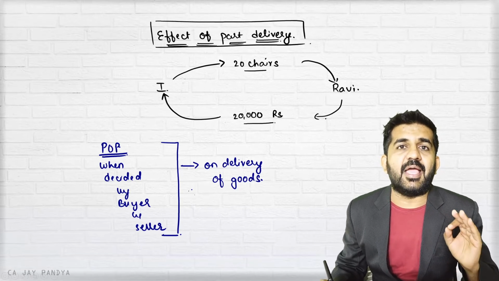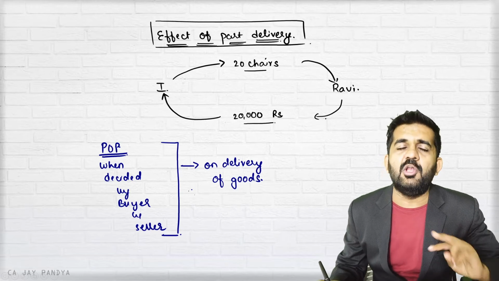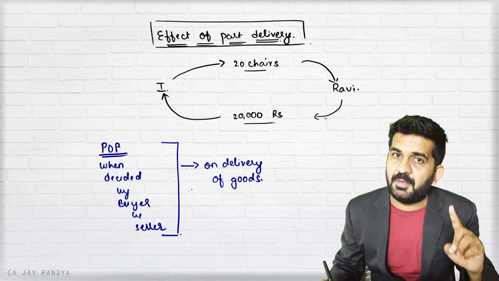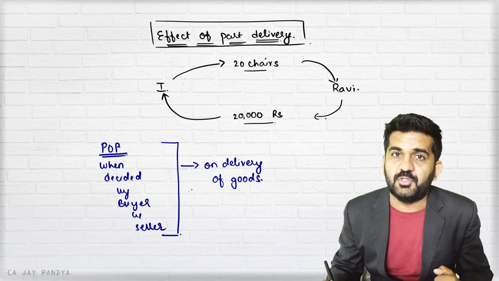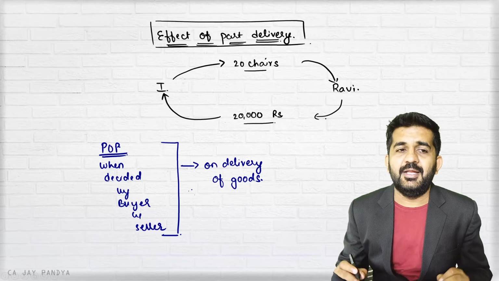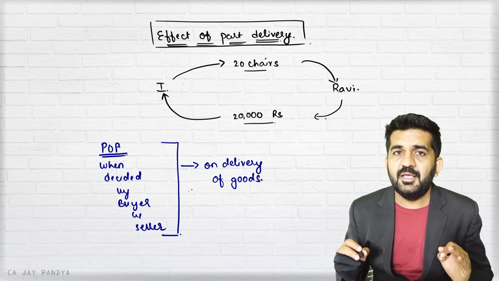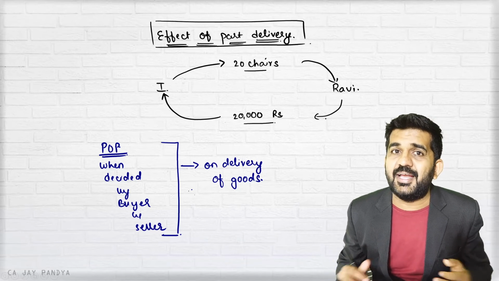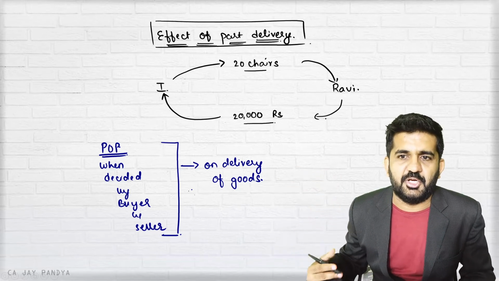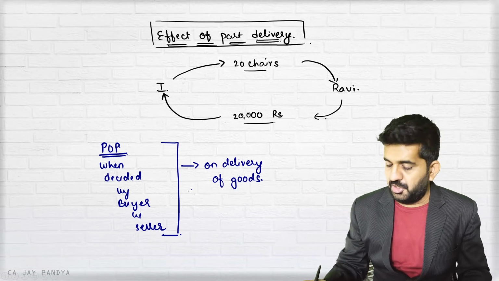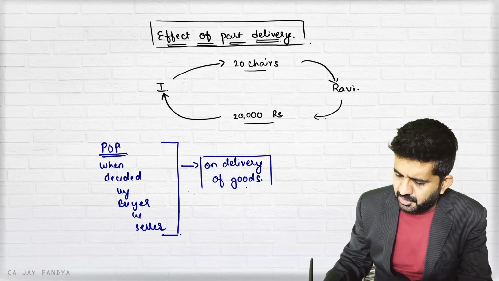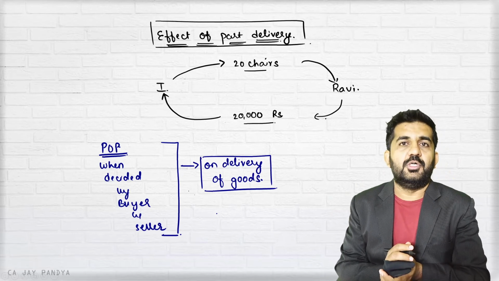The answer is absolutely yes. We both can always decide when the ownership will be transferred. We may decide on payment of price, on delivery of the goods, or on some other day. It is our freedom to decide. If we don't decide, then the law comes into picture: deliverable state, non-deliverable state, unascertained goods. But we have both decided that ownership will be transferred on delivery of goods. Alright?